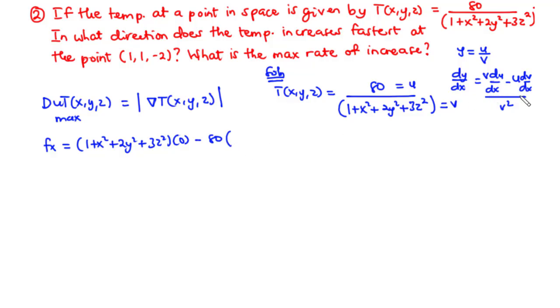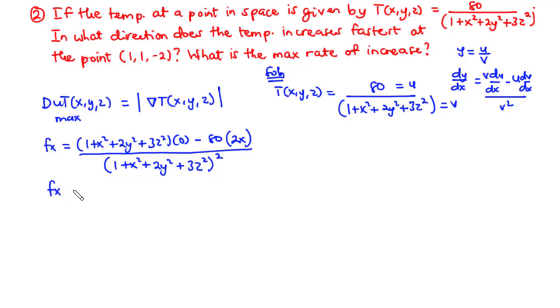minus 80, that is u, times dv dx. So you are going to differentiate the denominator with respect to x. This is a constant, it goes to 0, this also goes to 0, this also goes to 0. We differentiate this, we have 2x, and we have this all divided by 1 plus x square plus 2y square plus 3z square, and then all square.